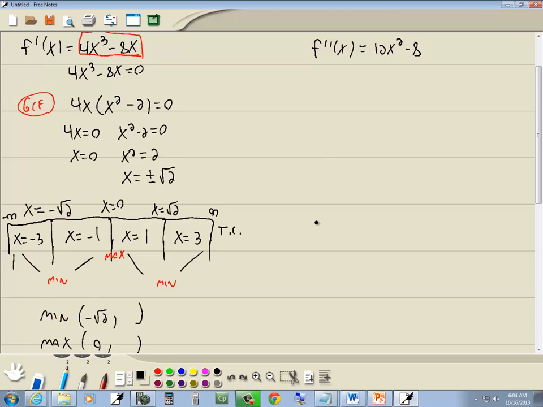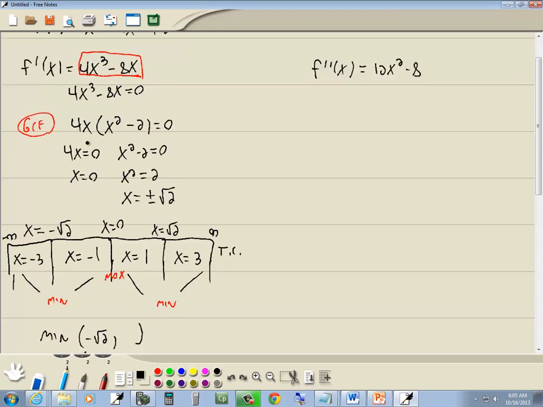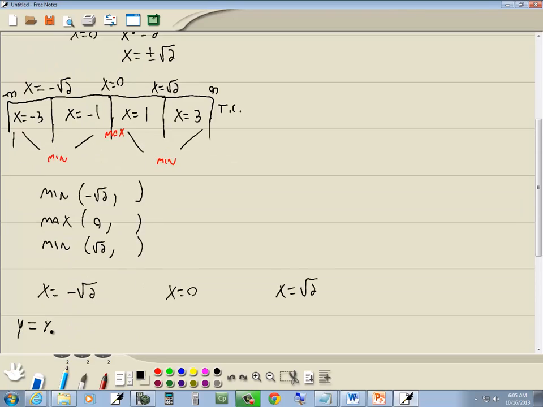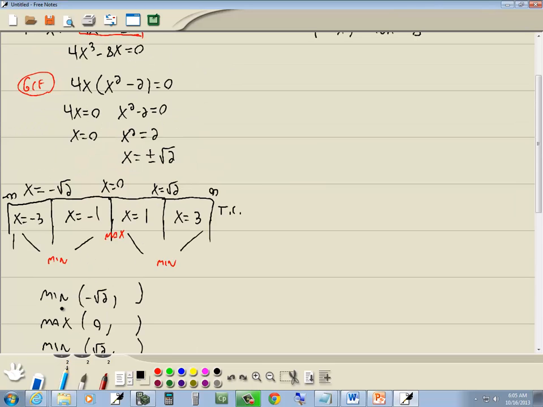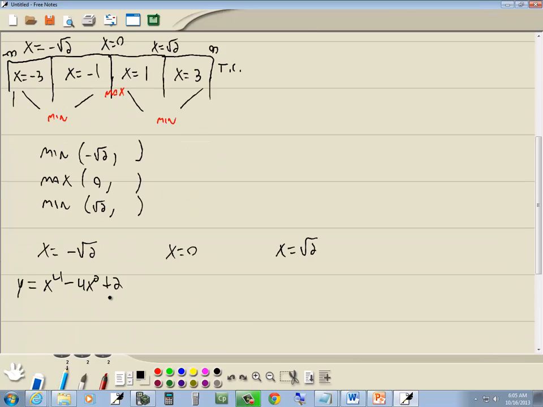If I plug in negative square root of 2, 0, and positive square root of 2, our original function was y equals x to the fourth minus 4x squared plus 2. Now what we're going to find is that in this problem, this works out really nice.